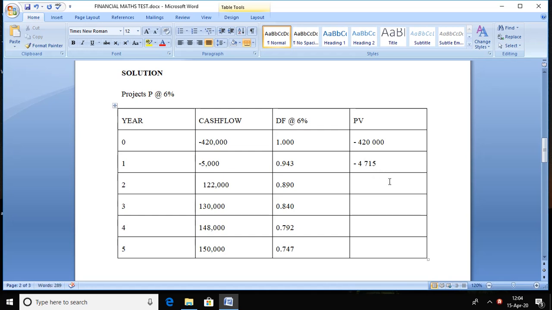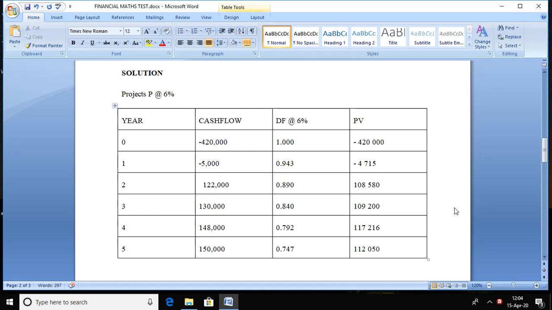Then 122 multiplied by 0.890, that's going to be 108,580. 130 multiplied by 0.84, that's going to be 109,200. The next one is going to be 117,216.